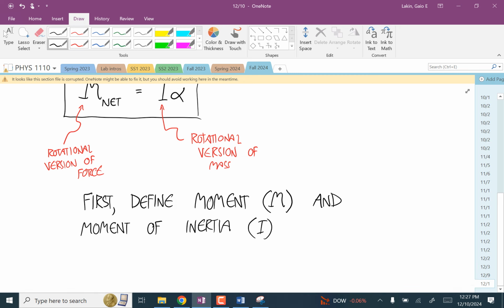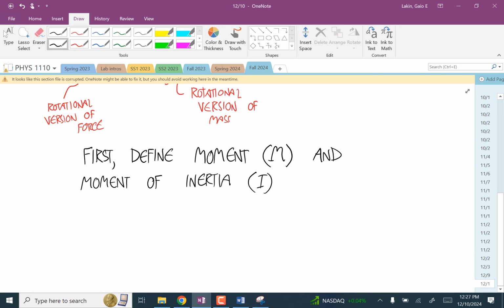Okay, so when we did particle kinetics, which one did I define first, mass or force? It was mass because it's the simpler one, it's not a vector. And the definition I gave you was a body's resistance to acceleration, if you remember. So you can think of this sort of the same way. We're going to define moment of inertia first.